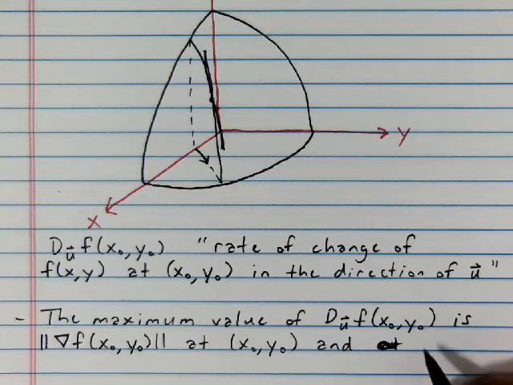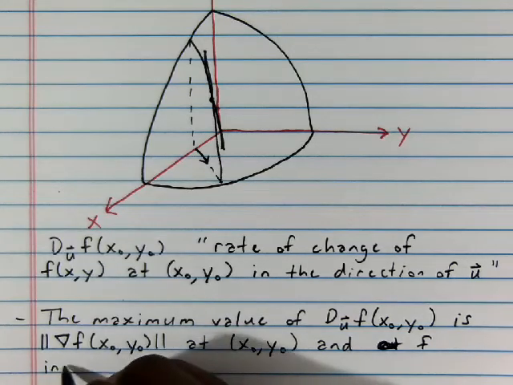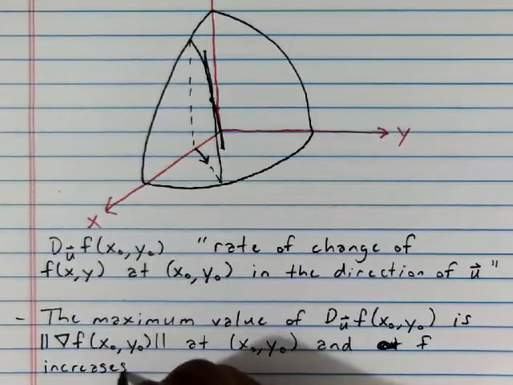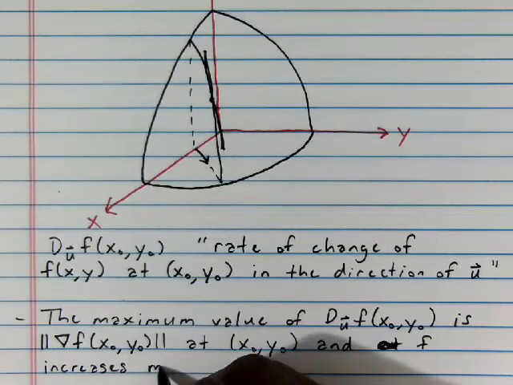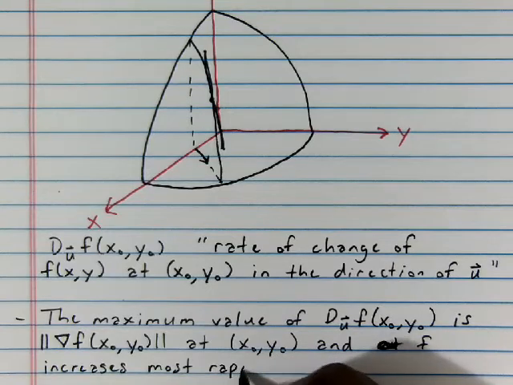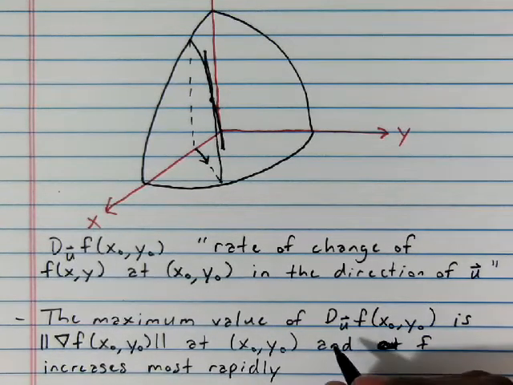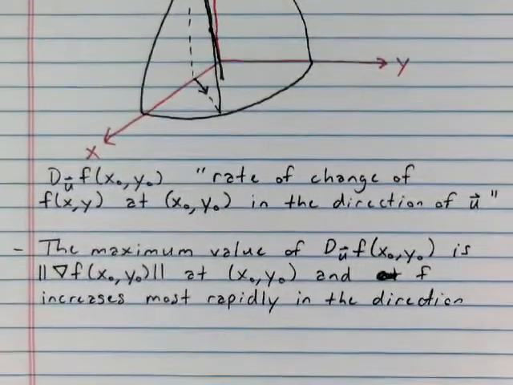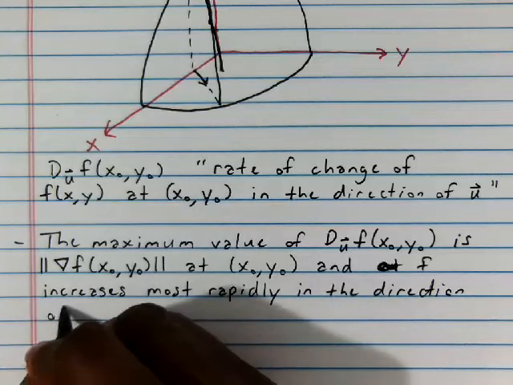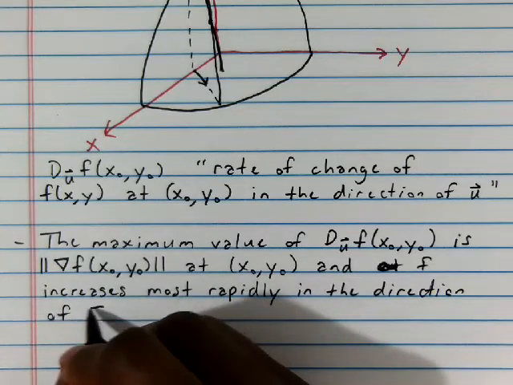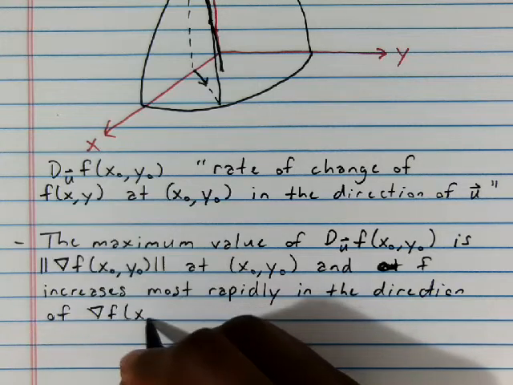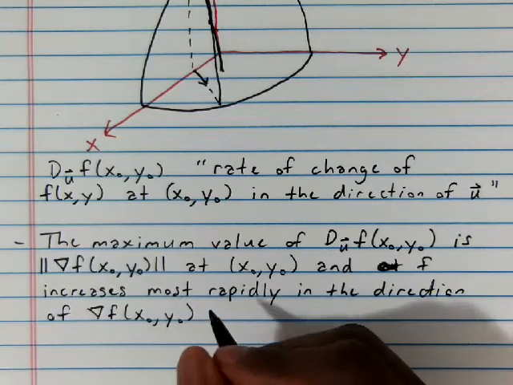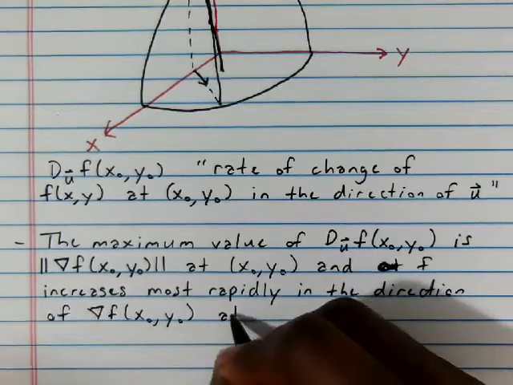And f increases most rapidly in the direction of the gradient vector of f at x naught, y naught.